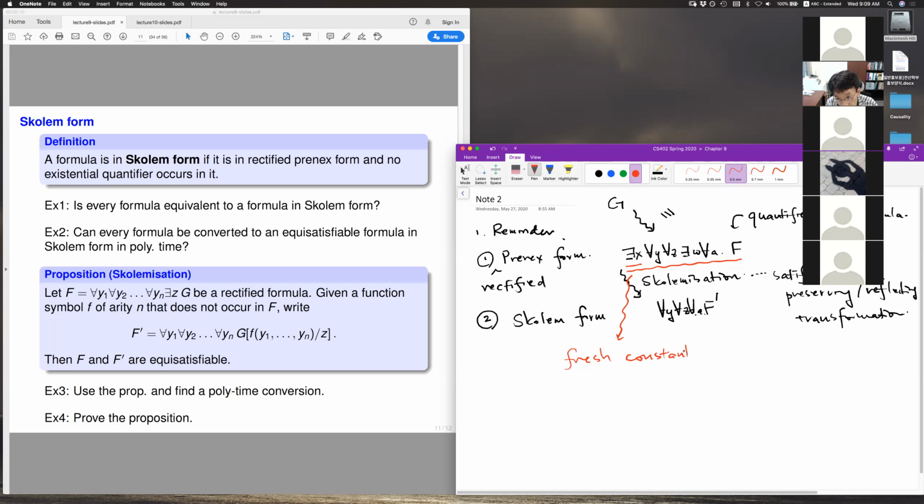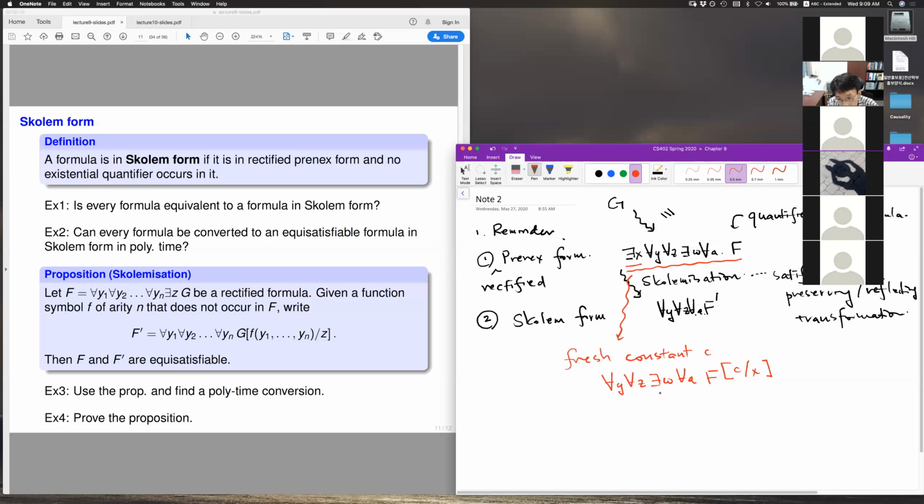By fresh, I mean the constant c doesn't appear anywhere inside the formula. And then we replace this formula by the following: for c exists w, for a, where in F we replace x by c. So that's step number 1. Because of the proposition, if the original formula is satisfiable, the transformed formula is going to be satisfiable.